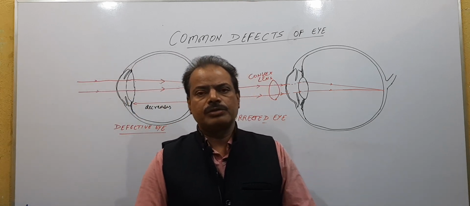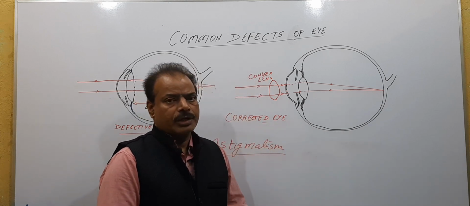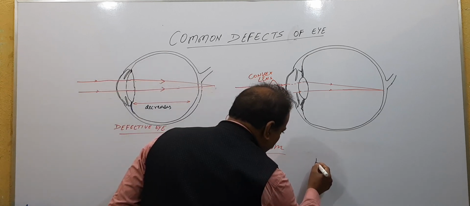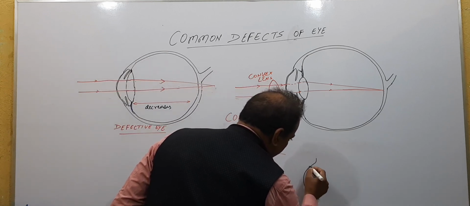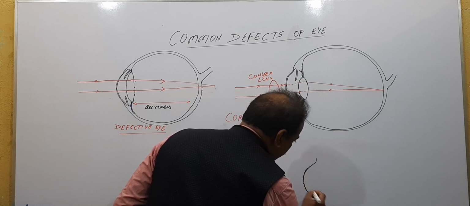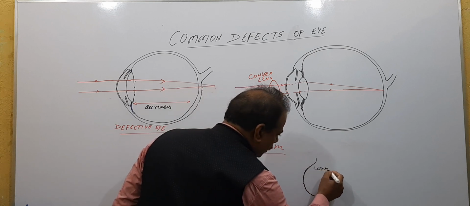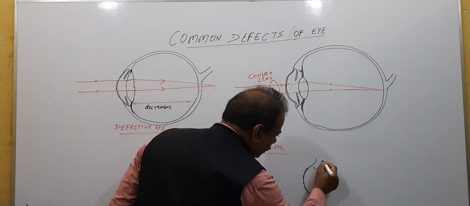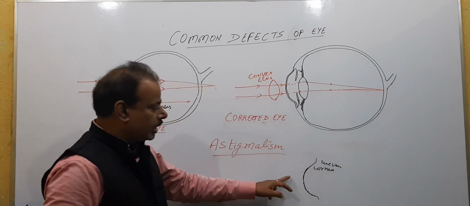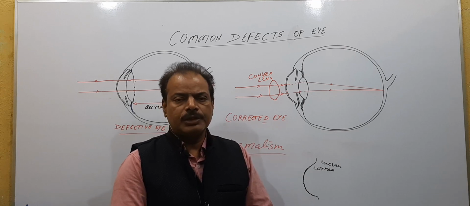It is caused due to uneven curvature of the cornea. When the curvature of the cornea becomes uneven, some part of the object can be seen clearly and the rest is blurred.